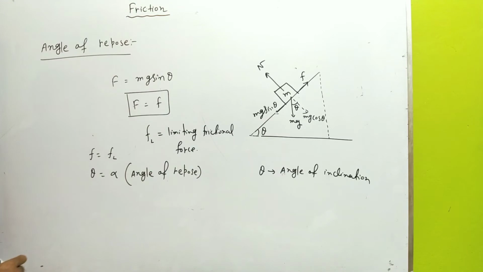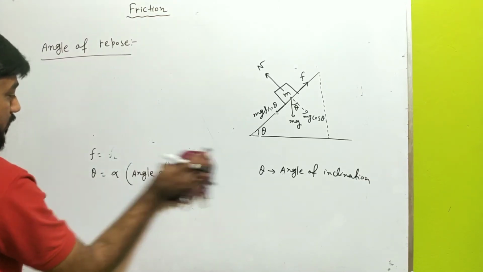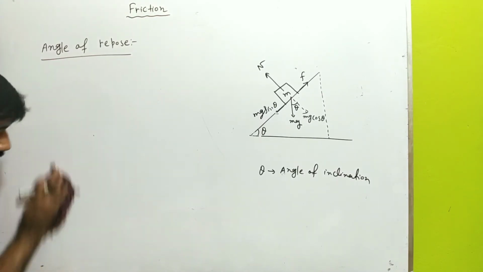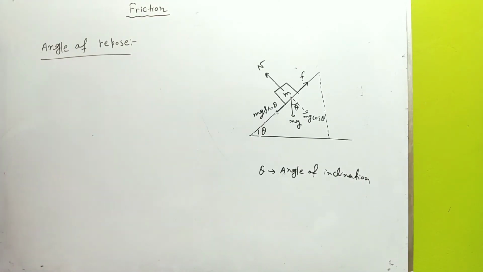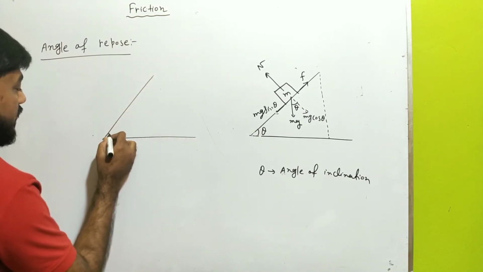Okay. So if we draw this inclined plane using alpha, to avoid confusion, I am going to do another diagram. Now let me take this angle as alpha.